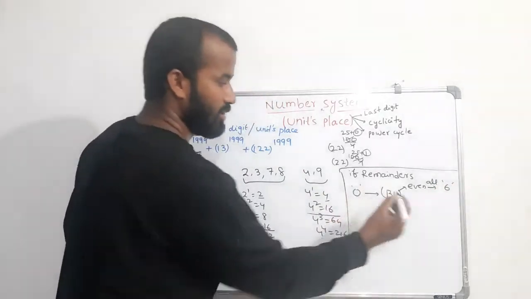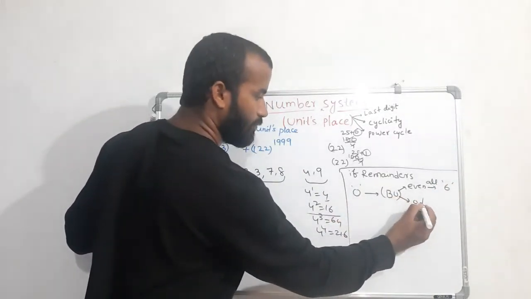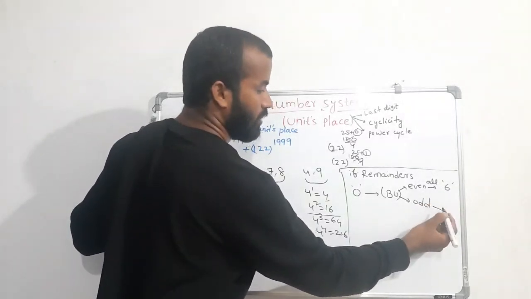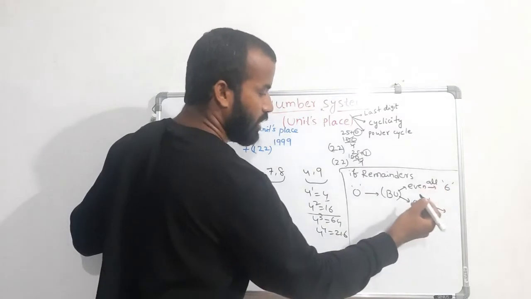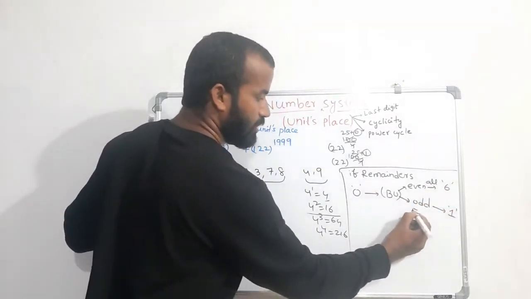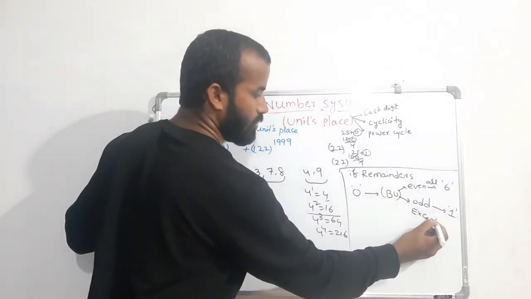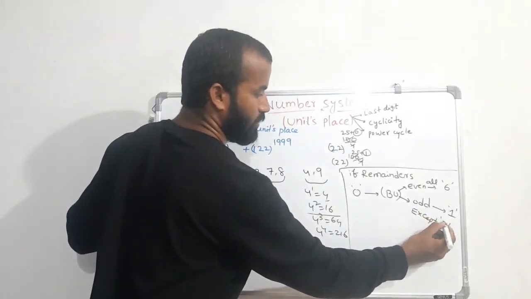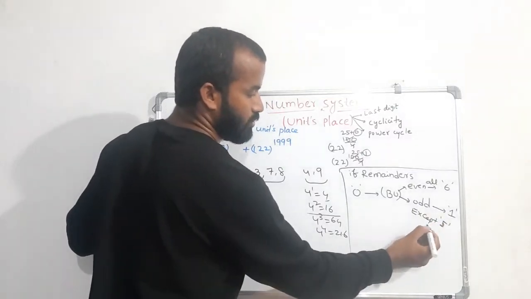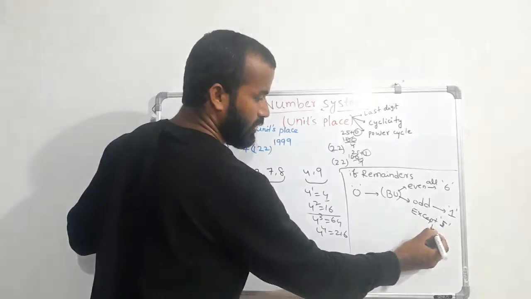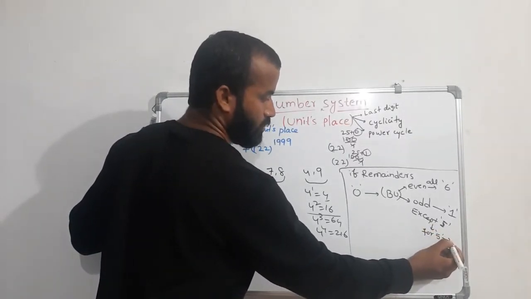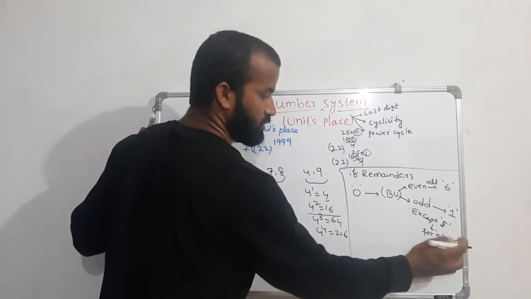The units place will be 6. If the base unit is odd, the answer will be 1, except 5. Why? Because 5 power anything is 5. So for 5, the units place will be 5. This is fixed.